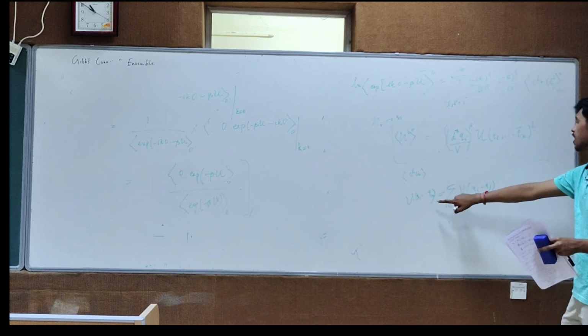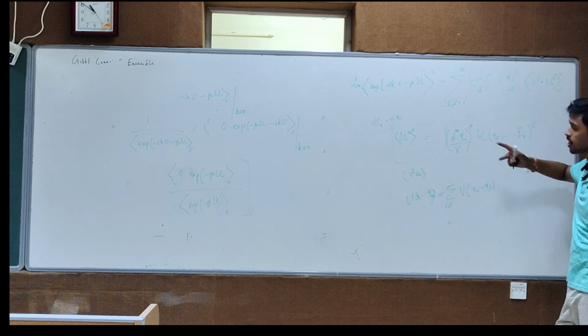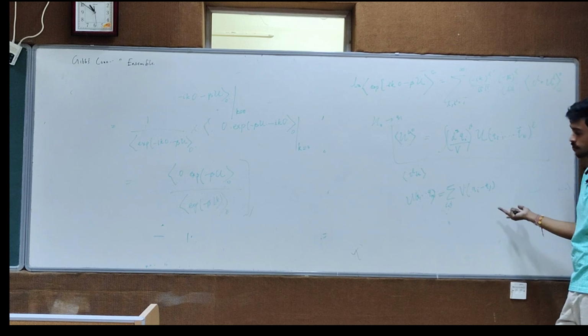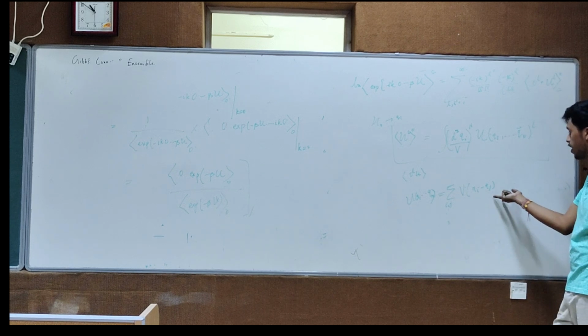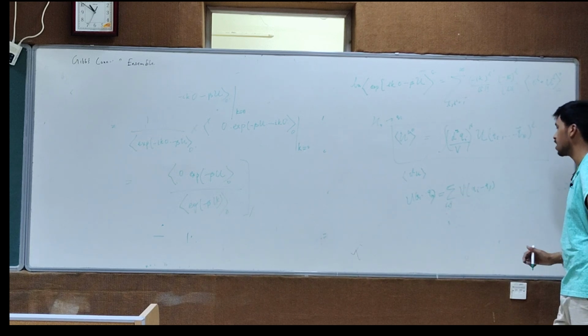So this would be the total. You just have interactions between two particles at a time, and the total potential energy of such a dilute gas would be just the sum over all these pairs of interactions.